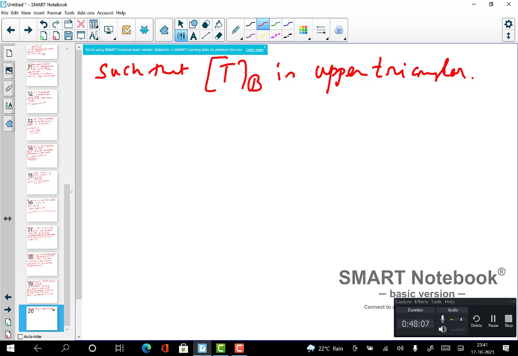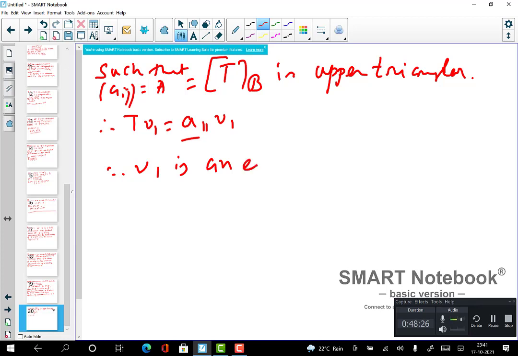This upper triangular form means that T of V1 equals A11 times V1, where this is a matrix A, which is Aij. That is obvious: V1 is an eigenvector of T.